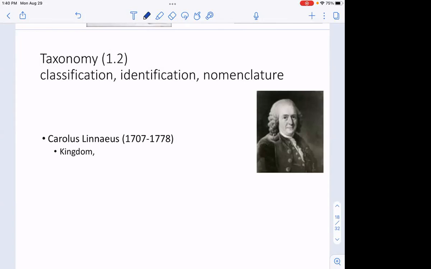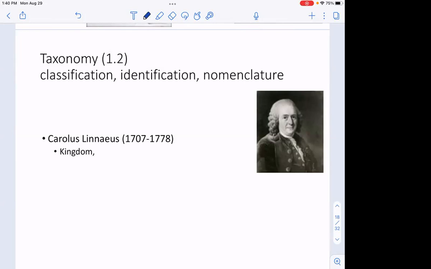So in order for scientists to be on the same page, they have to have this agreed upon set of ways that we name new organisms as we discover them. Okay. So Linnaeus, he's the one that suggested that we have this hierarchical system of all of the organisms.